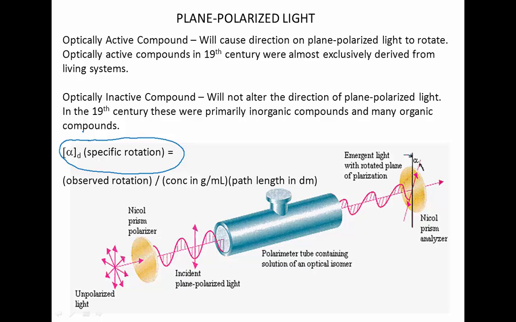It's a property for any optically active compound. And that's the symbol used, alpha in brackets with the symbol D. And the light here is the sodium D line at 571 nanometers. That's the standard light frequency at which rotation is measured.